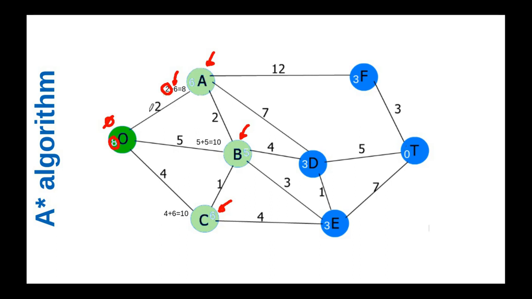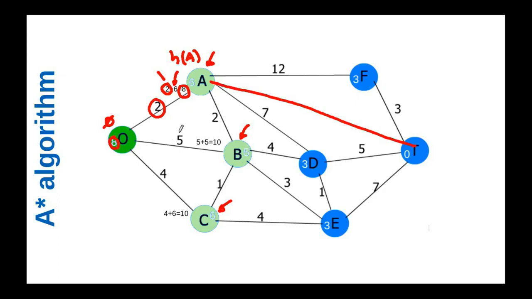Let's have a look at A. As you can see, the cost of going from O to A is 2, but then you have added 6. This 6 is the length of this straight line from A to T, the heuristics of A. So at the end, the A star implies to use not only the cost, but also the heuristics, and you add these two numbers. Then the result is 8.